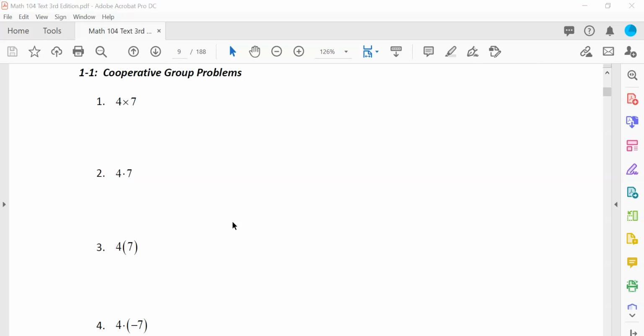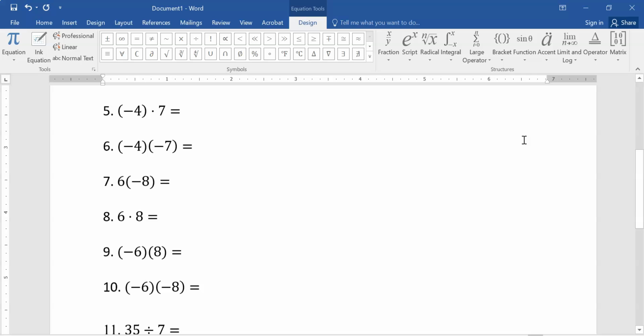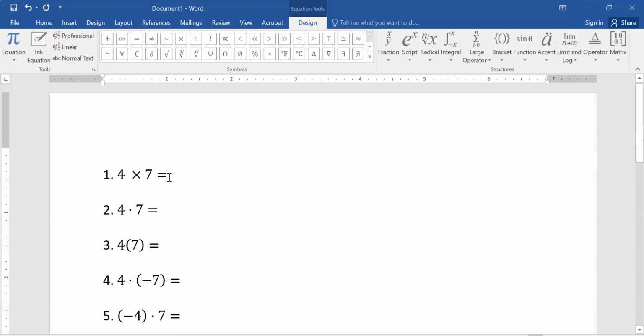All right, so hopefully you got those on your own and didn't have any issues there. So let me pull up mine. So 4 times 7, numbers 1, 2, and 3 are all the exact same problem, just different notation.